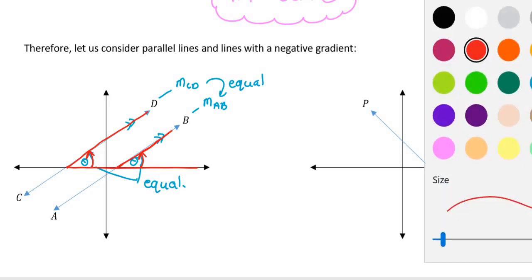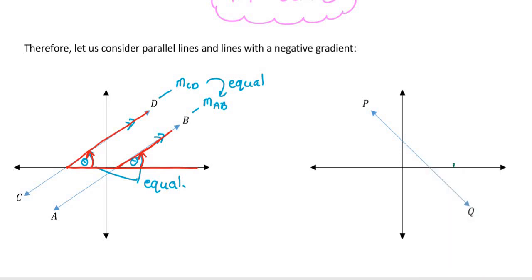Okay, the last thing I just want to note is that this theta, the angle of inclination there, is an obtuse angle. And you will note that the gradient is negative. So in this particular case, tan of theta would be equal to the gradient of PQ. That's what we've discussed.